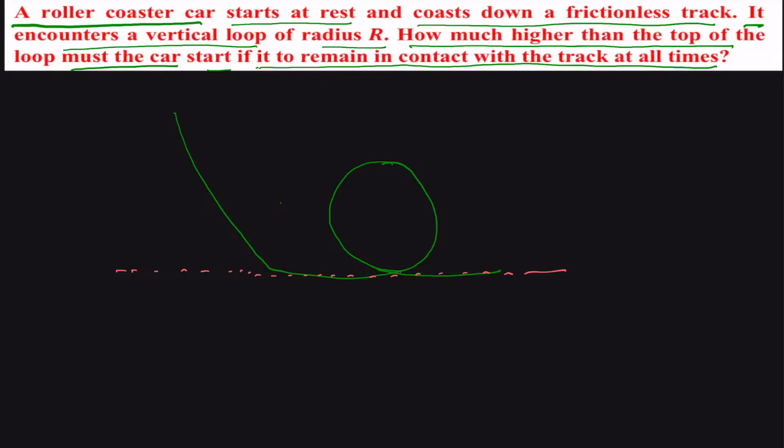And it states that this vertical loop is having a radius r. So this is the radius r of the loop, and so the total height of this loop, which will be nothing but the diameter, will be 2r. And let us say it starts from point A, and the vertical height of this point A from the base is, let us suppose, h.